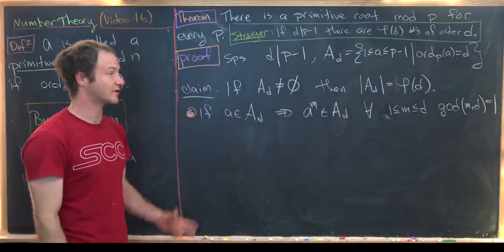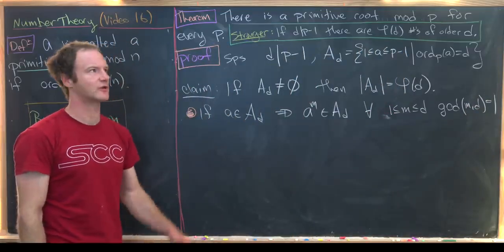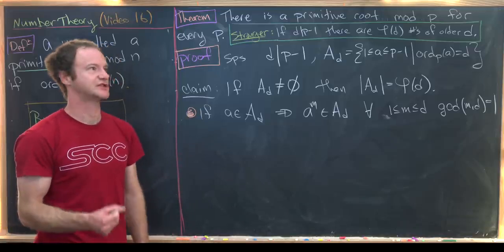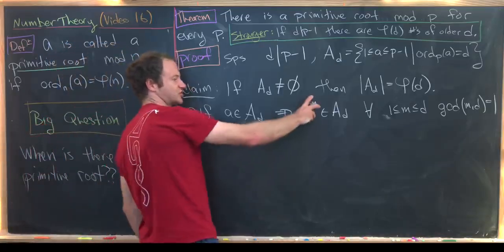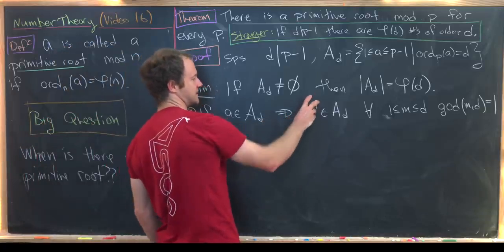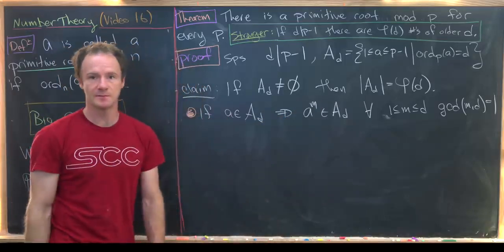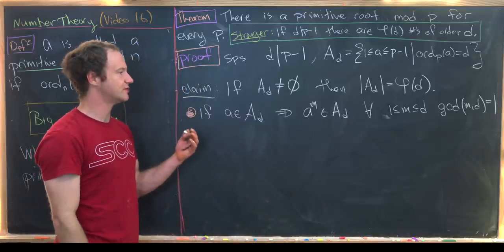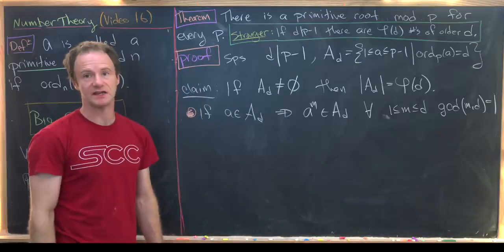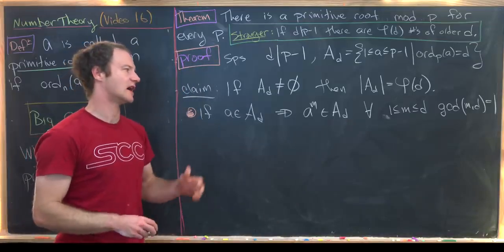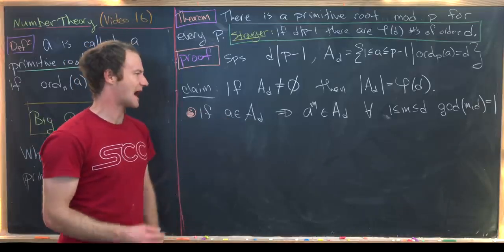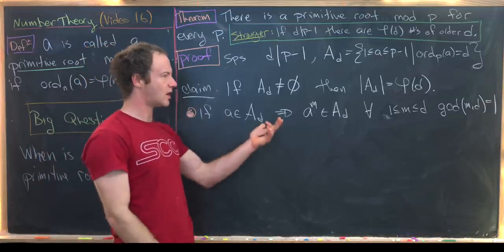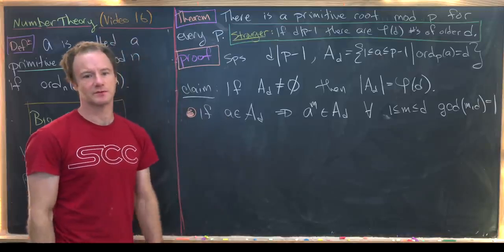Well, this is a standard kind of thing that you could prove with the division algorithm, much like one of the propositions from previously in the video. So you would start talking about the order of this thing a to the m. You would assume that it is not equal to d. Then you would do something with the division algorithm and the remainder to show that you've got some sort of power of a which is smaller than d, and that would be a problem.